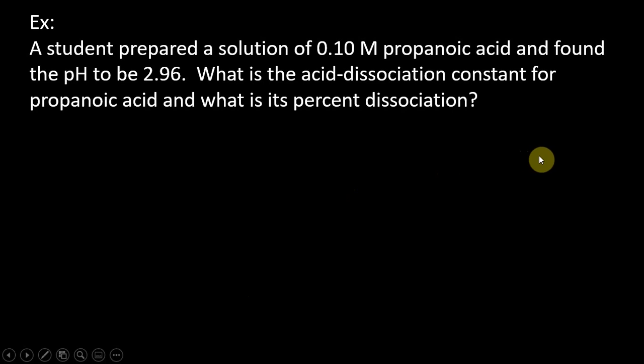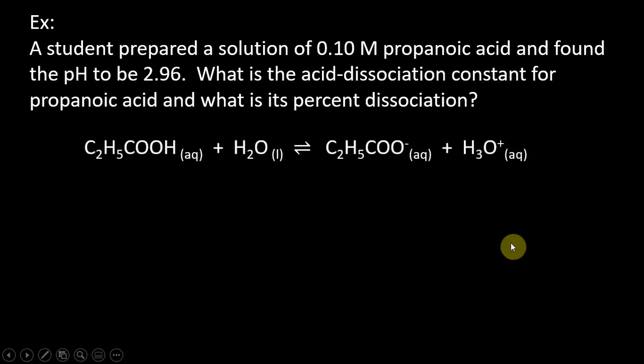Okay, so to figure this out, we first of all set up our equilibrium constant expression. So acetic acid, in this case propanoic acid, with water gives us the propanoate ion and the hydronium ion. All right, let's set up an ice table.